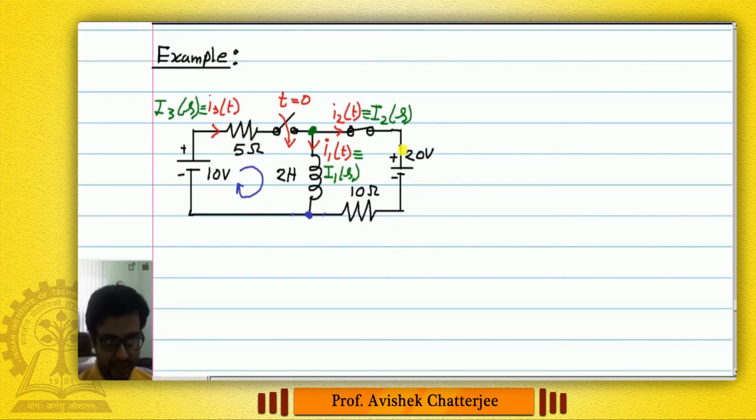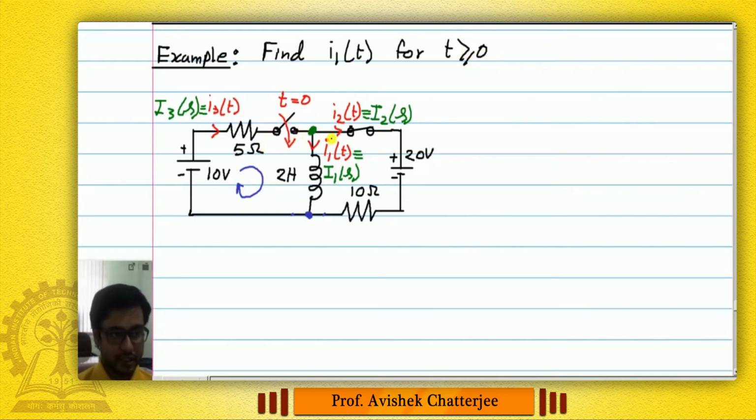Consider this circuit. Here we have a switch which is open, and this is closed at time t equal to 0. Our task is to find this inductor current I1(t) for time greater than or equal to 0 after the switch is closed.